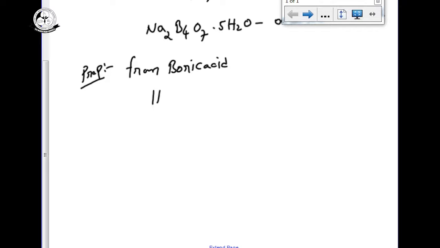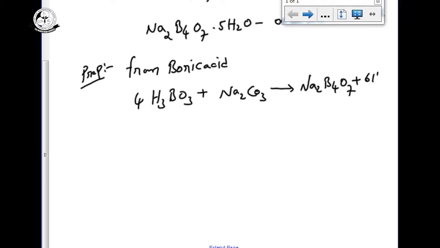Boric acid, H3BO3, on reaction with sodium carbonate, Na2CO3, gives anhydrous borax Na2B4O7. For 4 borons we need 4 moles, and the remaining is 6 moles of water and carbon dioxide.